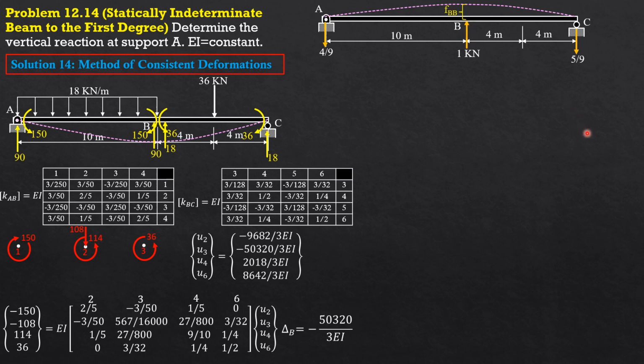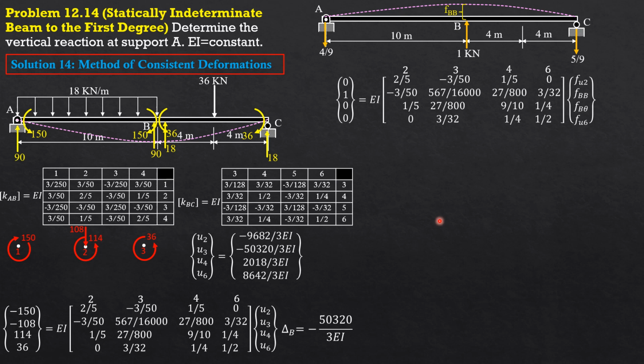FU6 means the slope at C. FU2 is the slope at A due to this unit load. So again, computing these displacements, the product of the inverse of this matrix and these global forces, the result would be as follows. FBB is 3,200 over 27 EI, positive as shown.